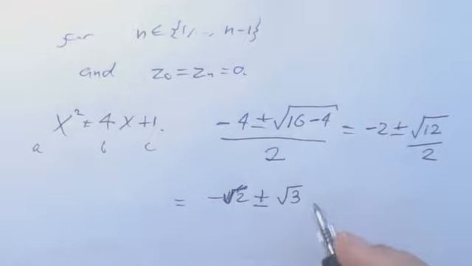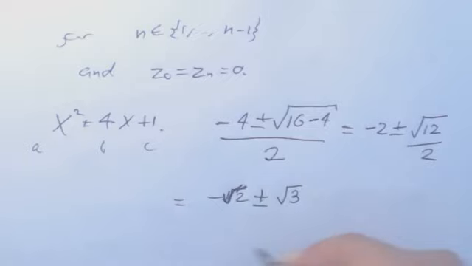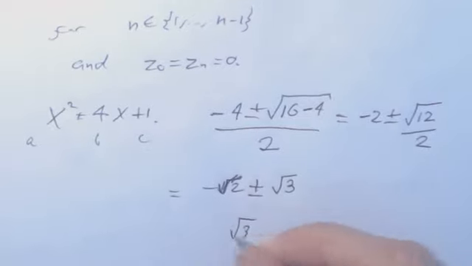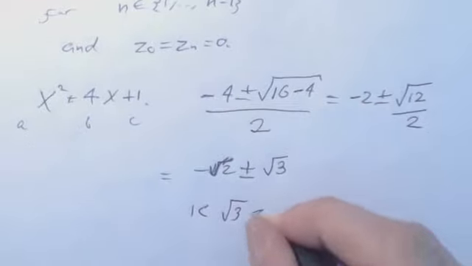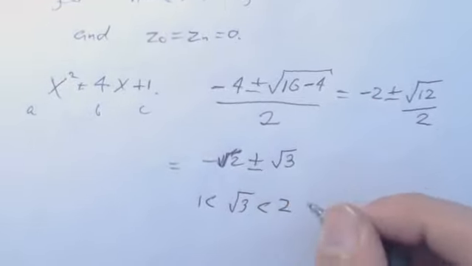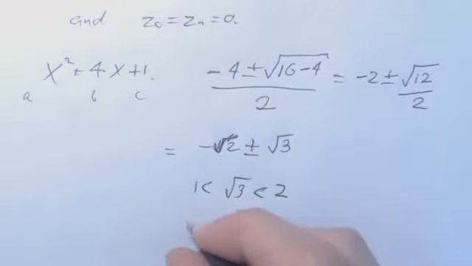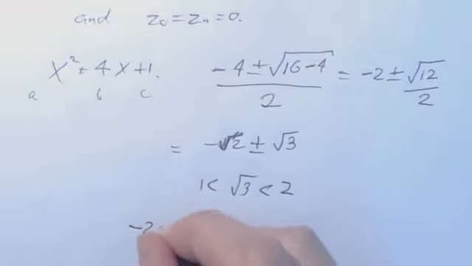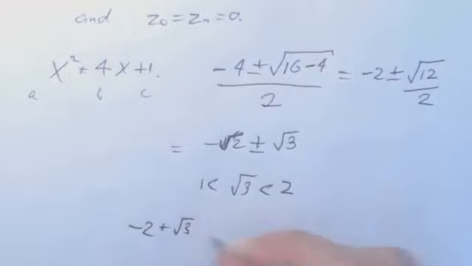Now, square root of 3 is between 1 and 2. So minus 2 plus square root of 3 is going to be between minus 1 and 0.